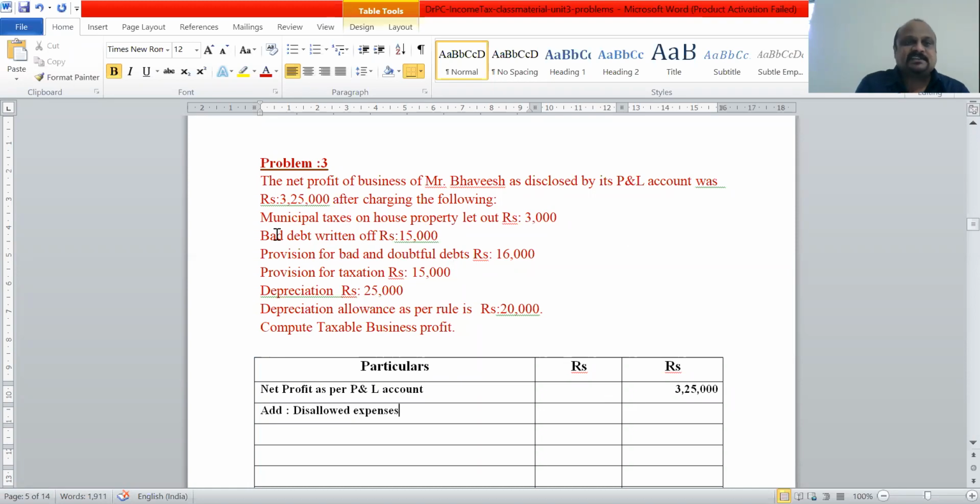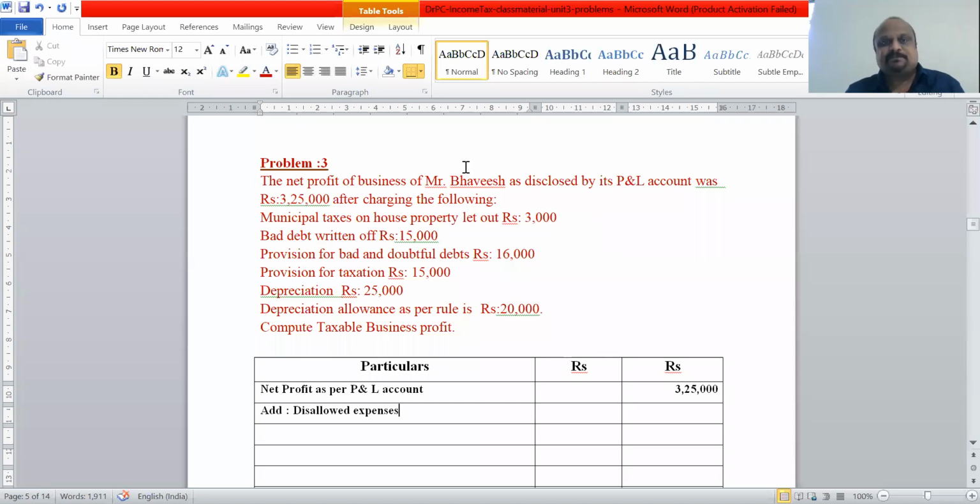He has said that he has used municipal taxes on house property let out. In PGBP, you have to understand that if the expenditure is personal in nature, we cannot consider that as an allowable expense. The first one here, the municipal taxes on house property let out.